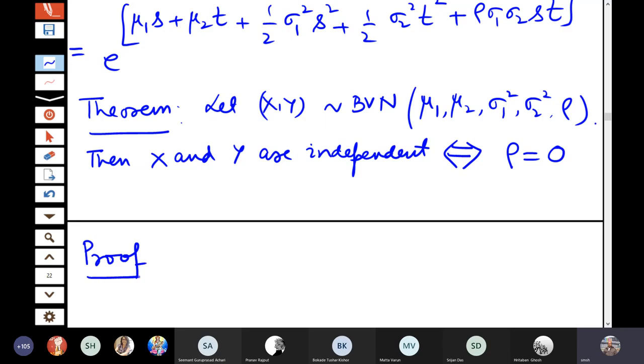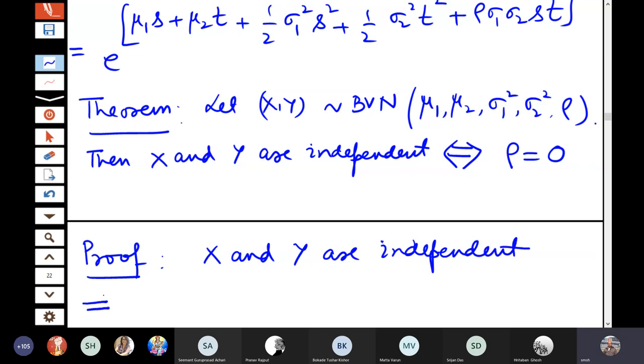For proving this result, you can actually make use of the joint MGF. X and y are independent. We have proved that this is if and only if the joint MGF is equal to the product of the marginal MGFs.